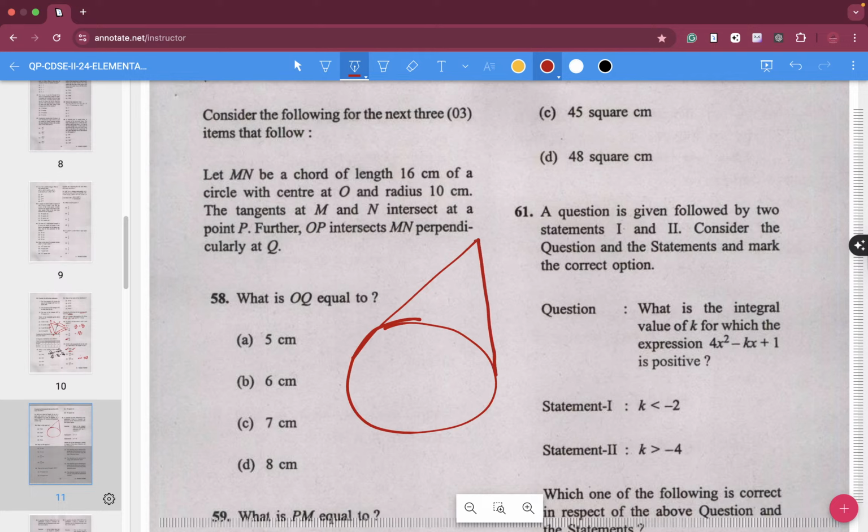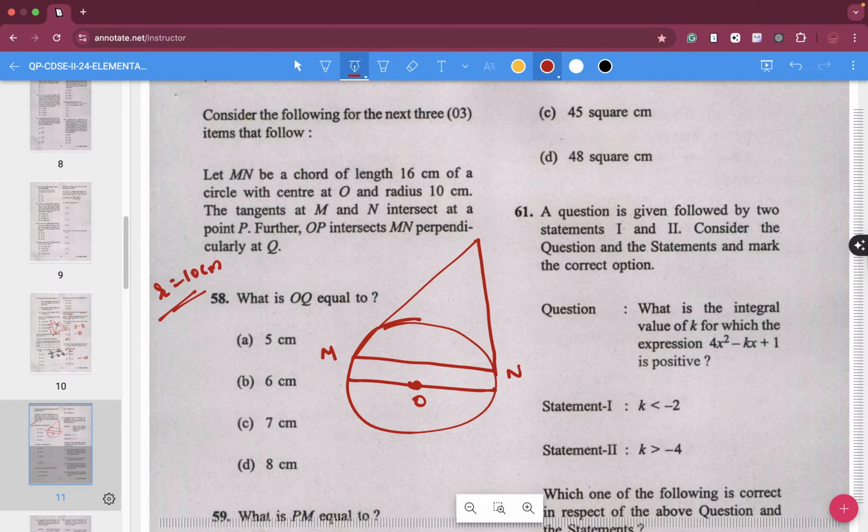MN be the chord over here, and let's say this is your origin O. MN be the chord of 16 centimeter of a circle with center O, and radius is equal to 10 centimeter they have given.